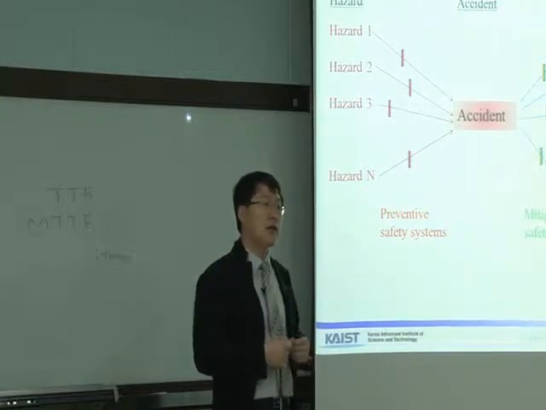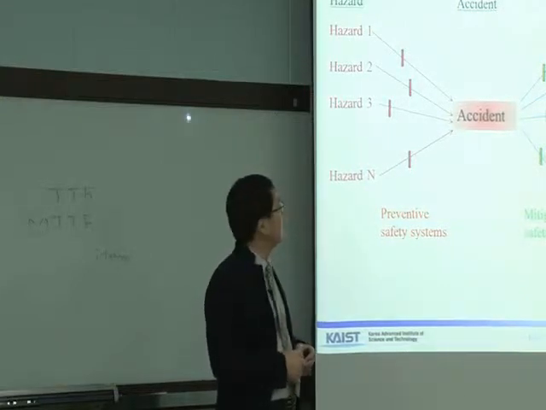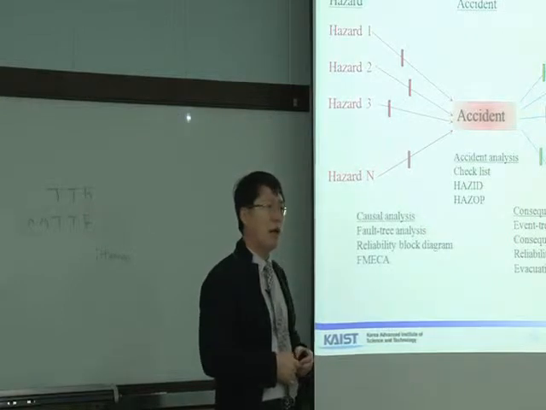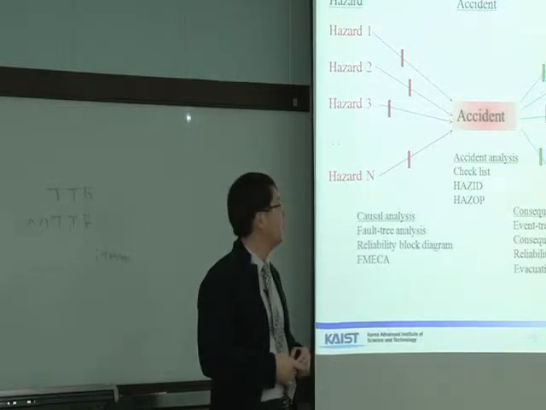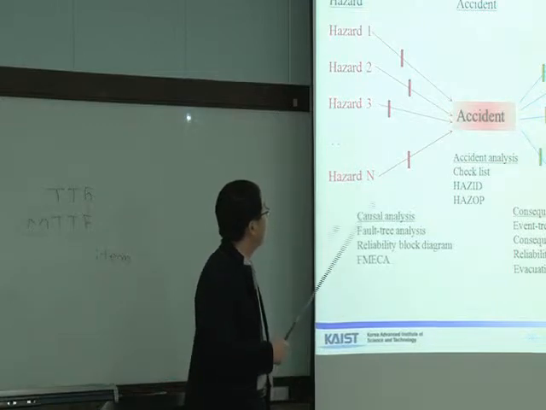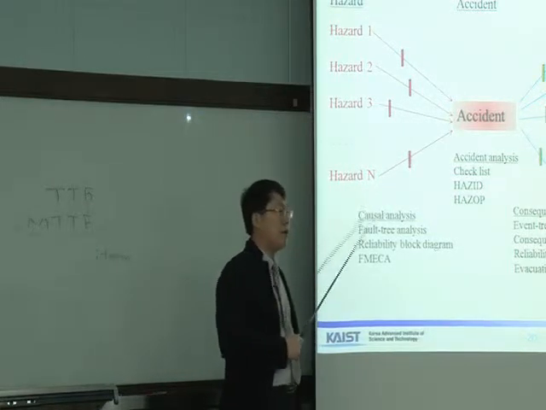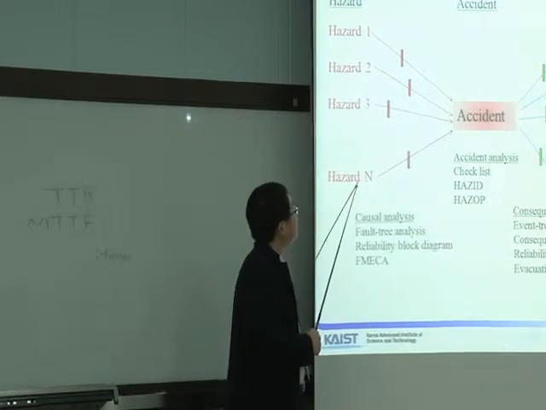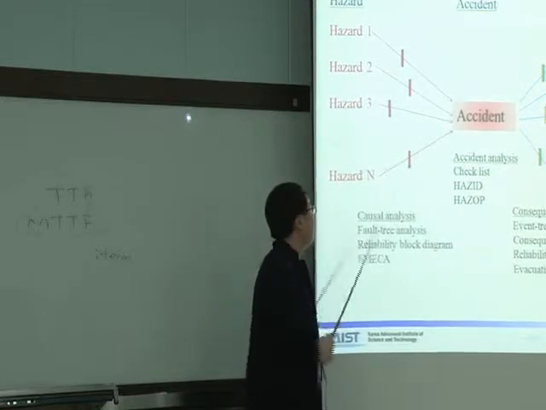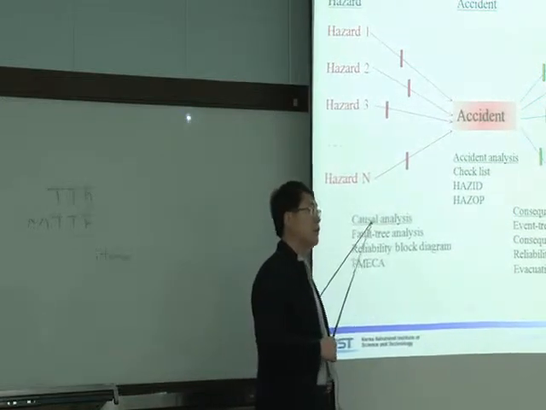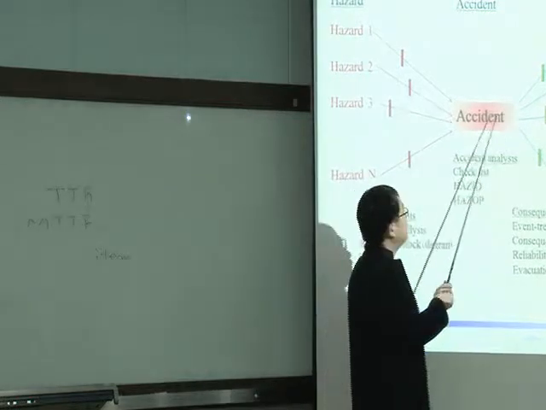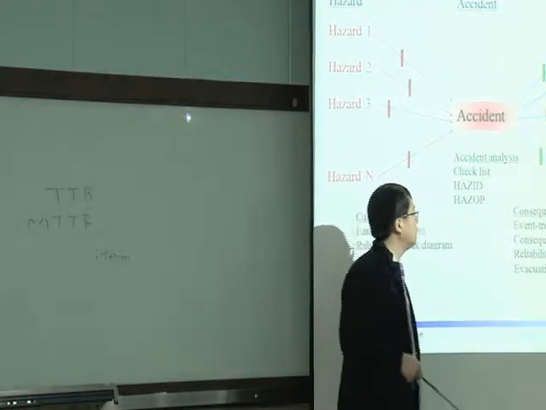I will show this slide again and again. And how can we apply system reliability engineering? The analysis from hazard to accident is called causal analysis. The analysis from accident to consequence is consequence analysis.